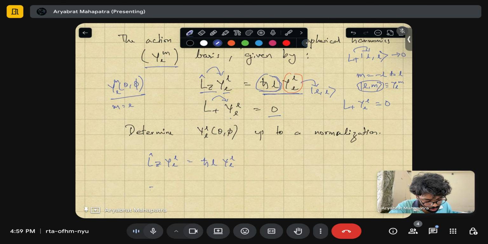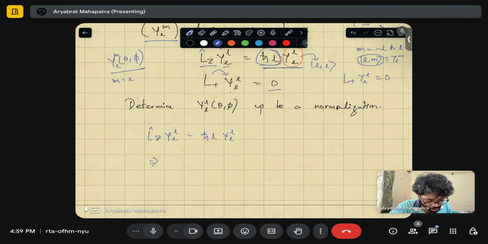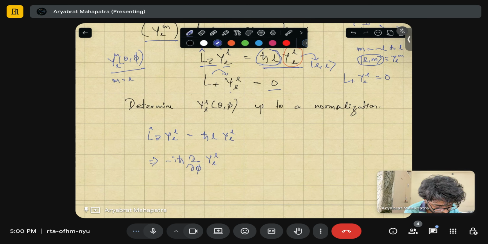That means, with the LZ operator being minus I H bar del by del phi, it is basically equal to this.